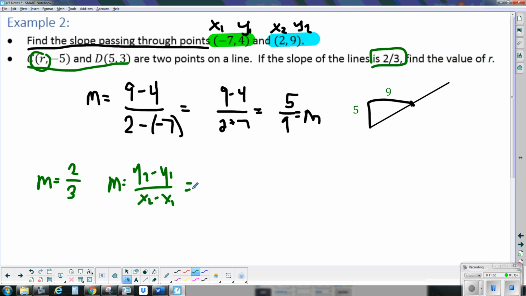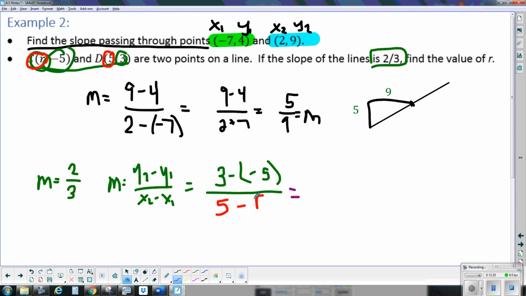So let's use substitution to do that. My y2 is 3. My y1 is negative 5. My x2 is 5 minus my x1, which is unknown, and that's what we're trying to solve for.